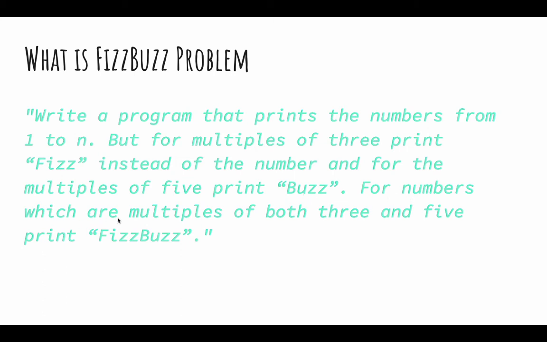And numbers which are multiples of both 3 and 5, we're going to print here the word FizzBuzz. Okay, so these are your conditions. Multiples of 3, we print out fizz. Multiples of 5, we print out buzz. And if it's both multiples of 3 and 5, we print here FizzBuzz.